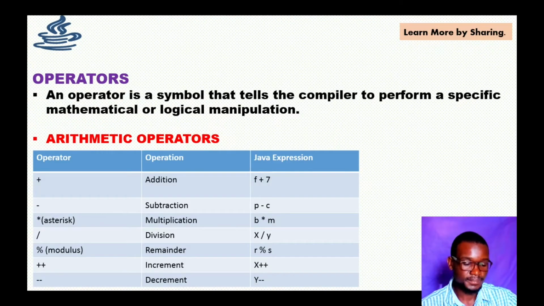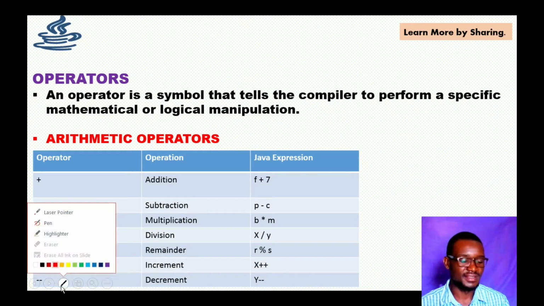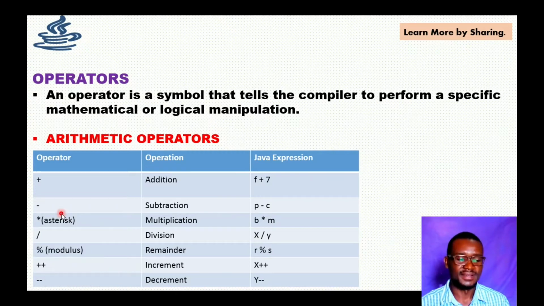So operators in Java, what are they? We are taught that operators are just symbols, math symbols that we've been looking at. In programming, we can use these symbols in our expressions.